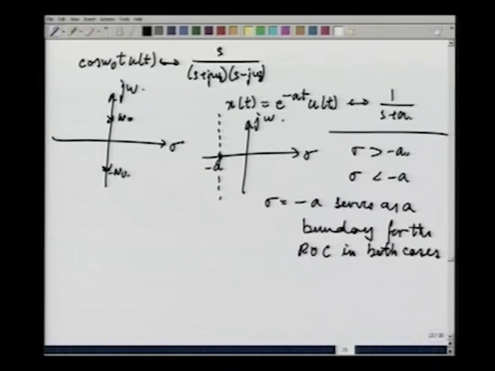So for sigma greater than minus a, that is for xt, let me just mark out the boundaries first.